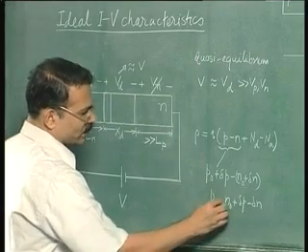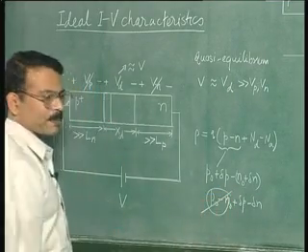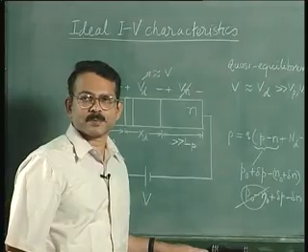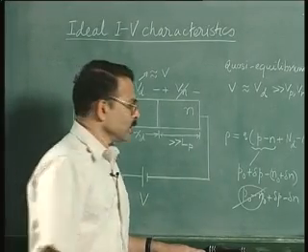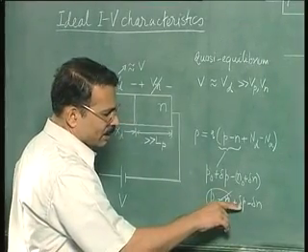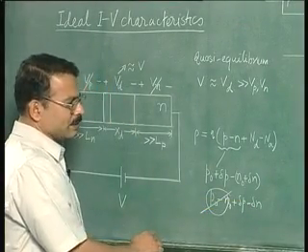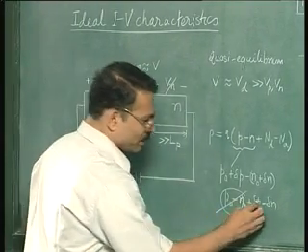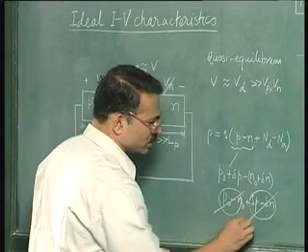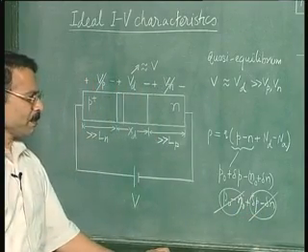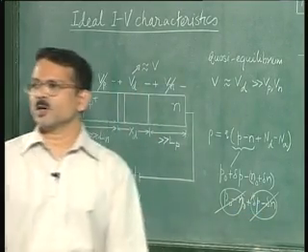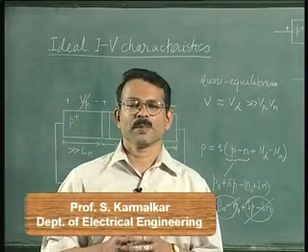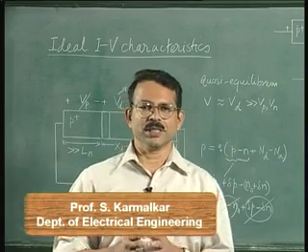Now we already have shown that this quantity can be neglected, because under equilibrium conditions the depletion approximation is valid. Now under applied bias, since delta p is approximately equal to delta n, that is, electrons and holes are generated in pairs, therefore this quantity also will be close to 0 and this can be neglected, and that is why the depletion approximation is also valid even in the presence of excess carriers in the space charge region.